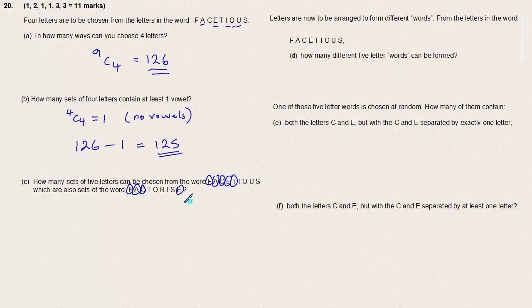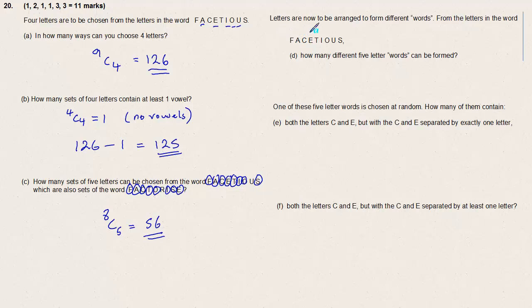There's a T, an O, an I, but the U isn't in common, but the S is. So that's 1, 2, 3, 4, 5, 6, 7, 8 common letters. And we're choosing 5 letters from those, and that's 56.